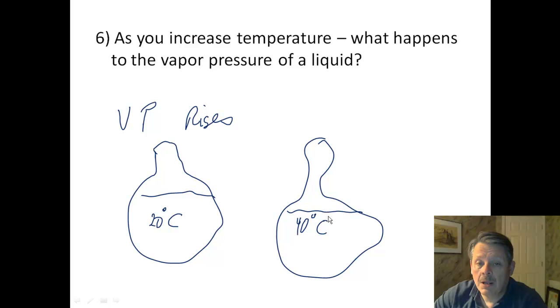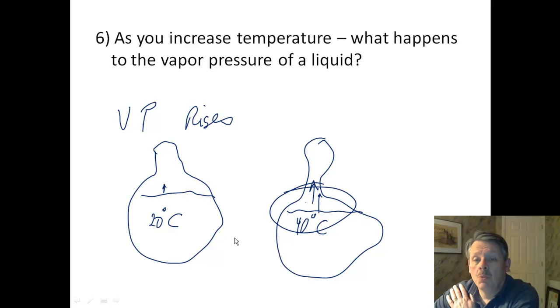This liquid is going to tend to evaporate more than this liquid is. So let's put 2 arrows over here and only 1 arrow over here. More of this liquid is evaporating, and because more of it is evaporating, there is a higher gas pressure up in this area. There are more molecules hitting the inside, so your vapor pressure is in fact higher.